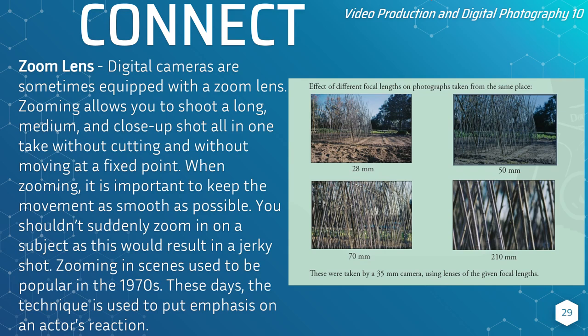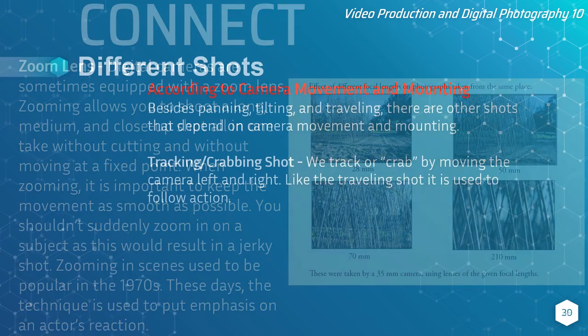Pagka halimbawa magsushoot ka ng emotion ng isang artista, you can use a zoom lens para mas malapit yung pagkuha mo dun sa mukha ng artista. And sabi nga dito, when you are zooming your camera, huwag kang mag-zoom basta-basta. Kailangan dahan-dahan at mas inaayos mo. Kasi nga, it can result to a jerky or yung pangit yung pagkaka-transition nung zooming mo papunta dun sa subject mo na yun.